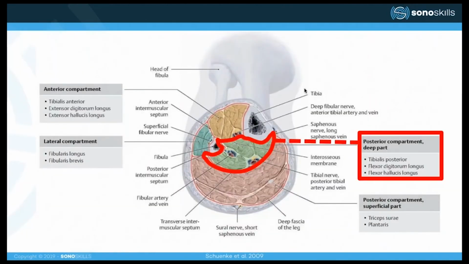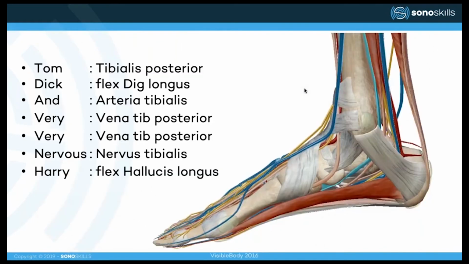So let's have a look at the deep posterior compartment with the flexor digitorum, the posterior tibialis, and also the flexor hallucis. Looking at the content of this deep posterior compartment, it is especially interesting to see at the medial ankle in the tarsal tunnel region, and there we can find Tom, Dick, and very, very nervous Harry.